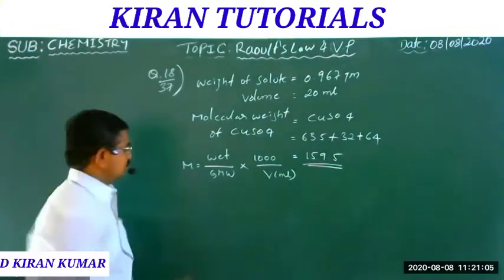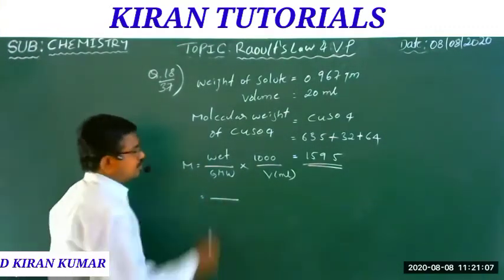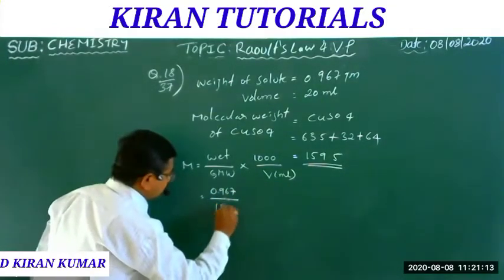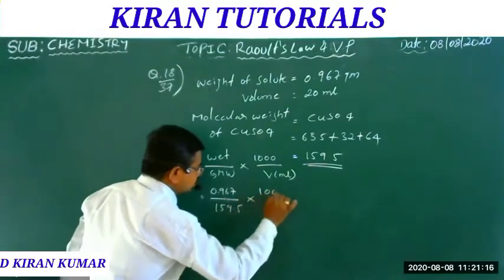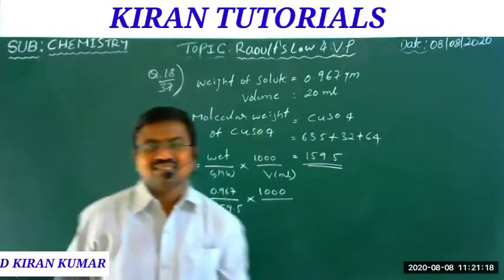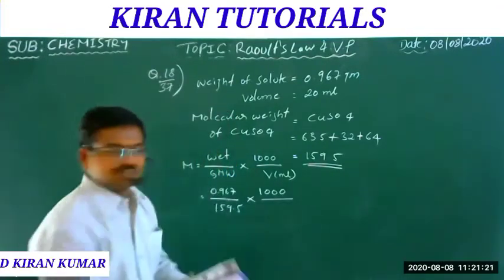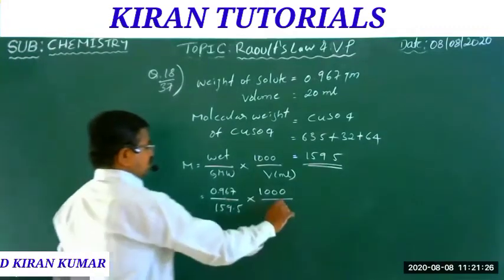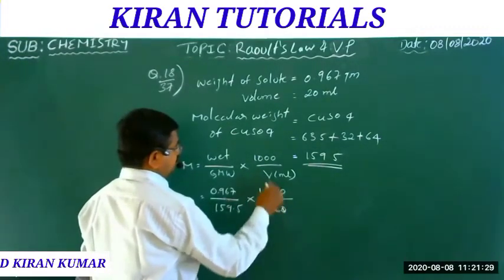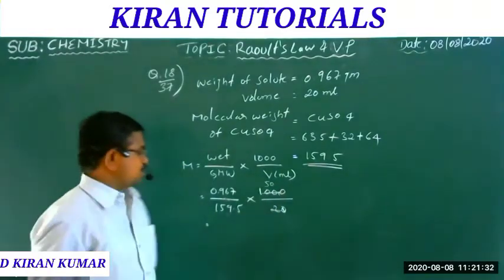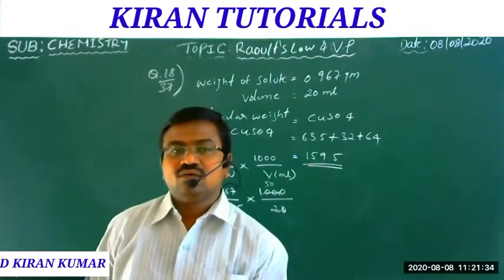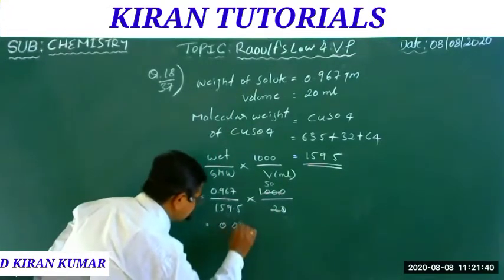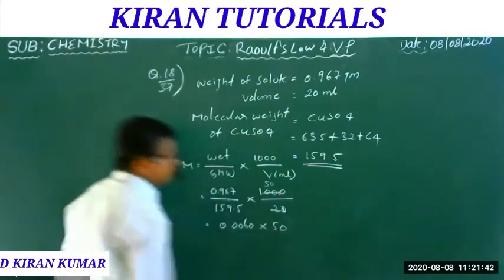So 0.967 by gram molecular weight 159.5, into 1000 by 20, which is 50. 0.967 by 159.5 is 0.0060, into 50.